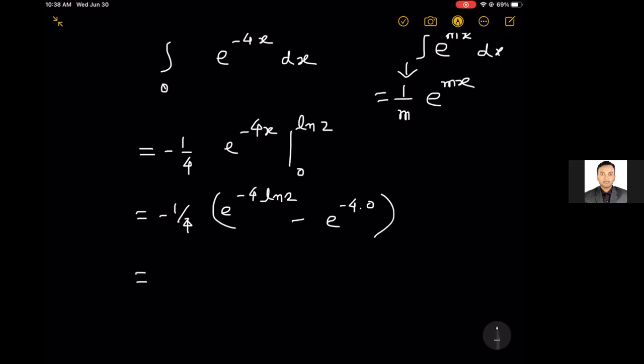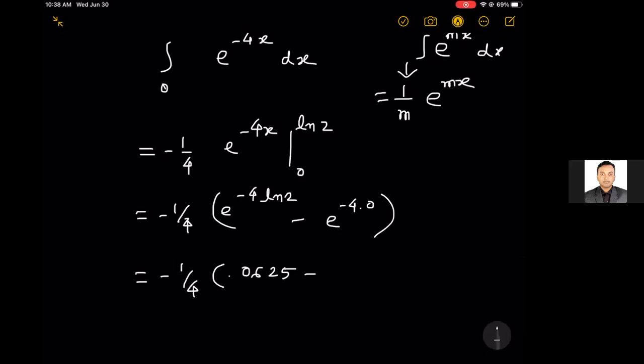So what's the value of e to the -4 natural log of 2? Anyone? I have used my calculator. It's actually 0.0625. Okay.